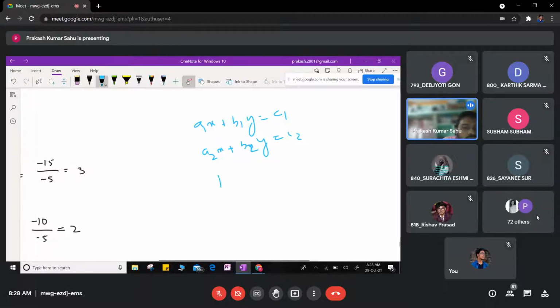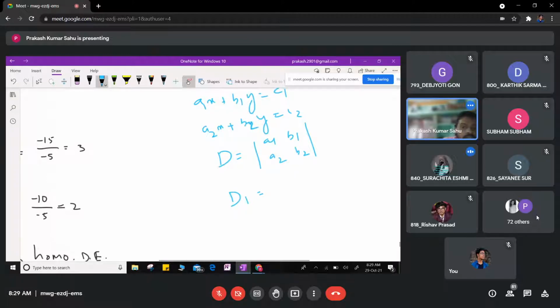Then first you find D, which is equal to the determinant of a1, b1, a2, b2. Then you find D1 according to Cramer's rule. What will D1 be? You substitute c1, c2 in place of the coefficient of x, because this a1, a2 is the coefficient of x.